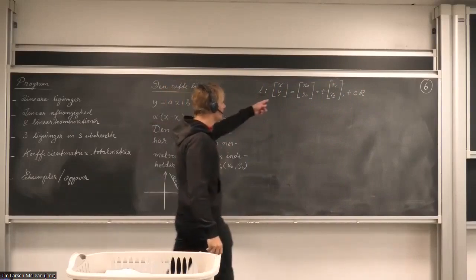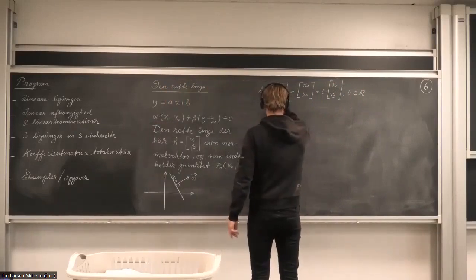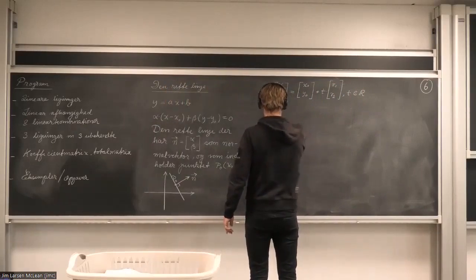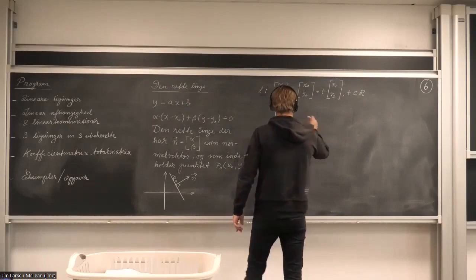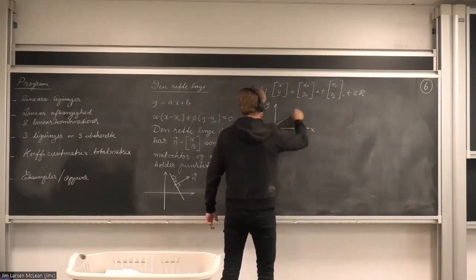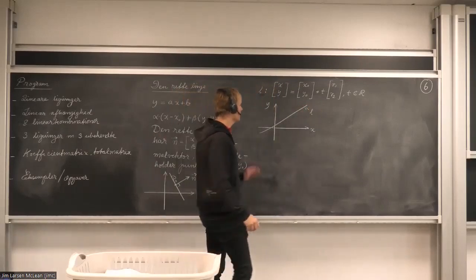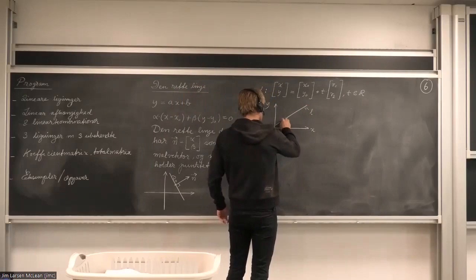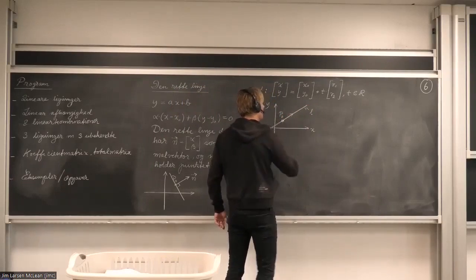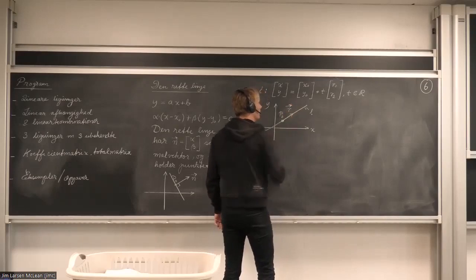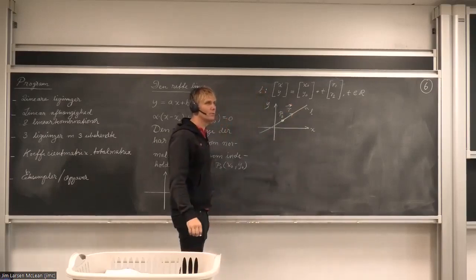And there was also a drawing that went with that story. So if I have a coordinate system here with an x and a y axis, and if this here is the line, then we just say that you can describe the line by knowing a point that's on the line, P0, and by knowing a direction vector. A direction vector for the line is a vector that is parallel to the line.